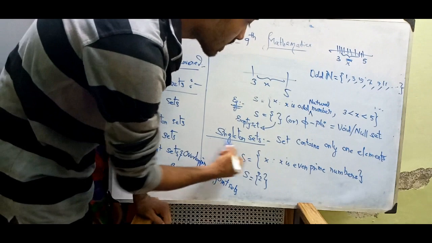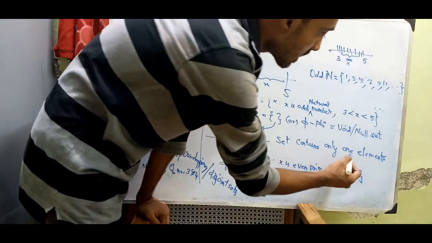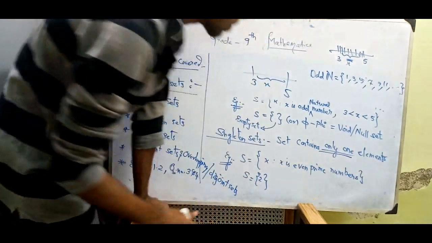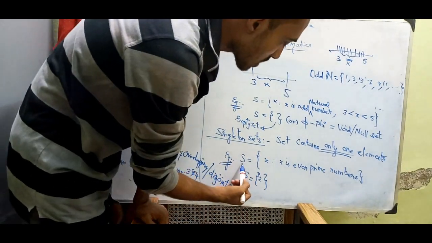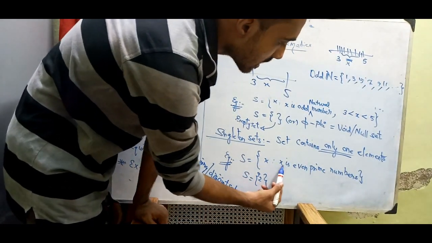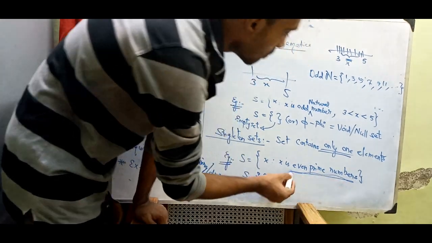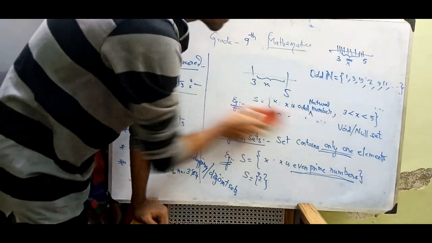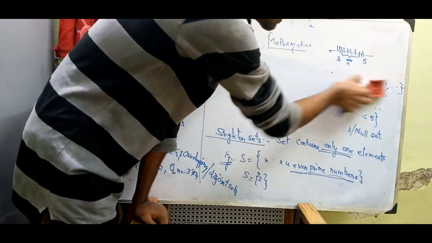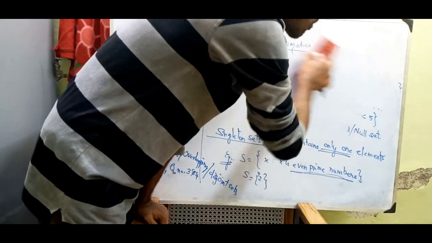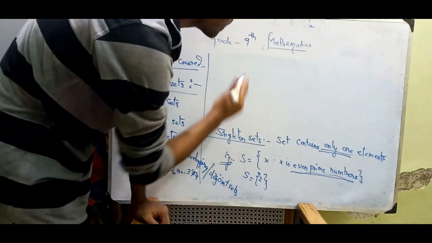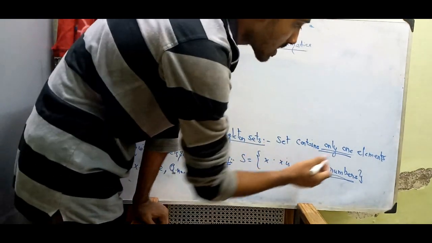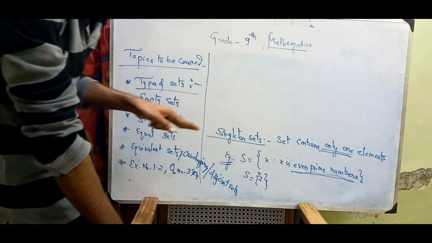So let us see the singleton set. A singleton set contains only one element. Here's an example: {x such that x is an even prime number}. We all know prime numbers are numbers divisible by 1 and itself; another definition is a number which has only two factors.